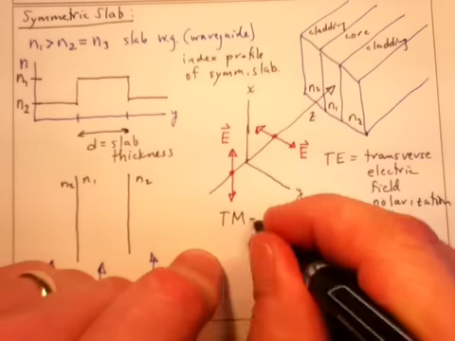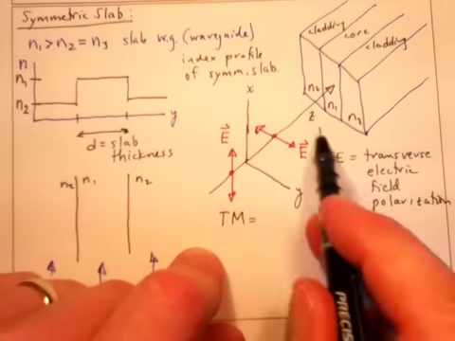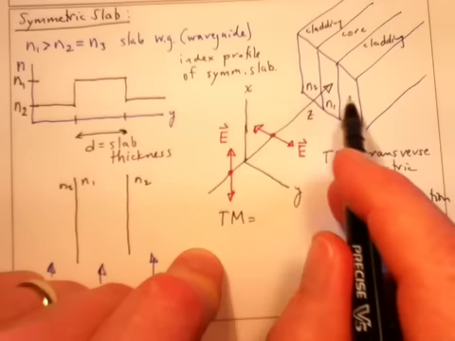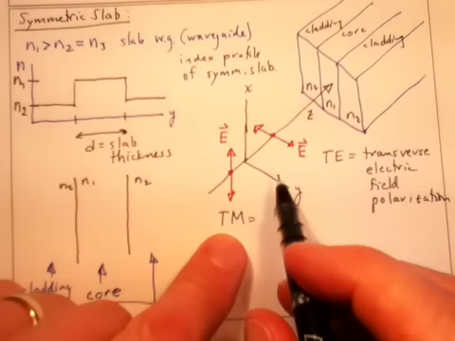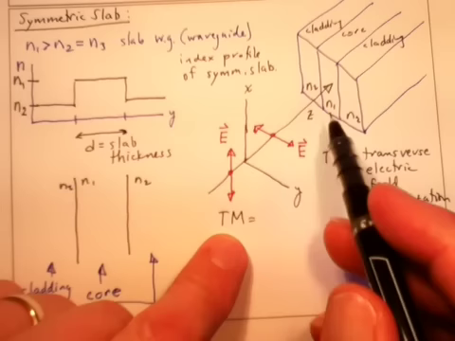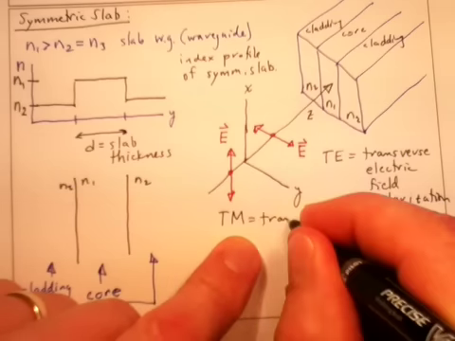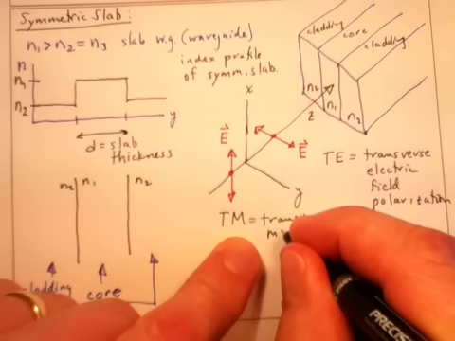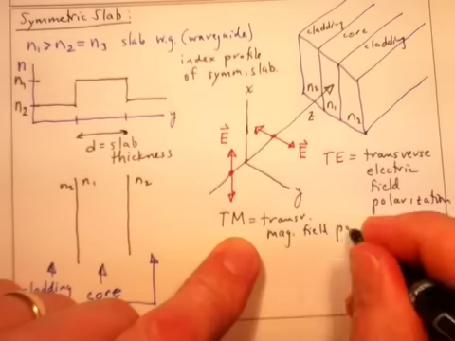If the electric field is transverse to the core orientation, then the magnetic field is perpendicular to that, and it's the magnetic field which will be transverse. And so this is the transverse magnetic field polarization.